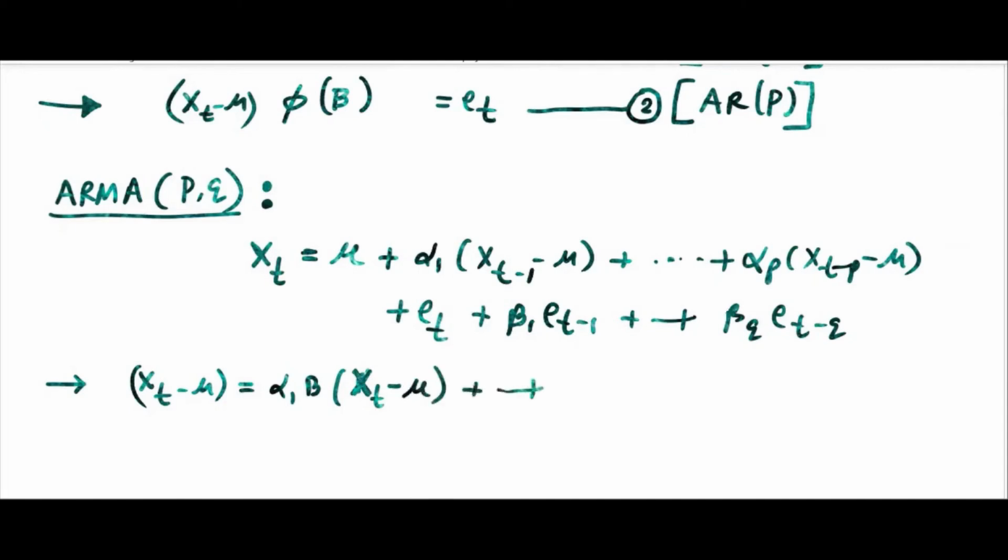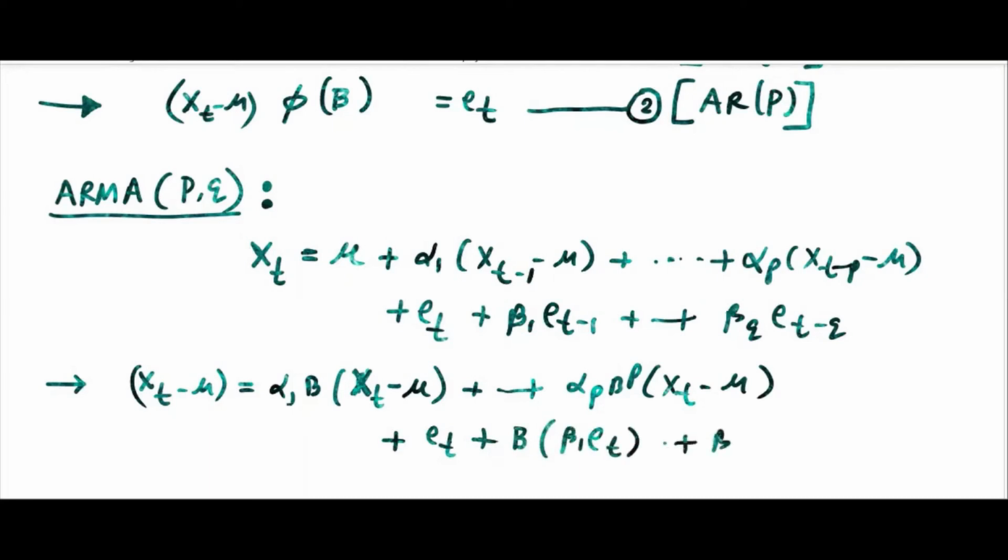Similarly, you continue writing alpha p Bp, this will be Xt minus mu, and here also you apply the operator B to beta 1 et, then Bq beta q et, that's all.